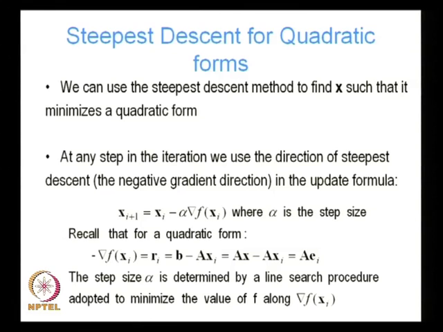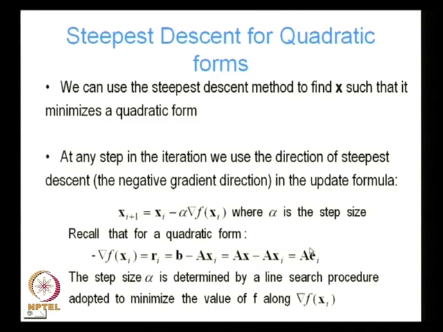So, gradient of f of xi equal to 0, we have seen that before, equal to b minus a xi, and b is equal to a of x. When I reach my minimum, that must be equal to a of x. So, I have a of x minus a of xi, and if I represent this as an error vector, x minus xi, I can write it as a of ei.